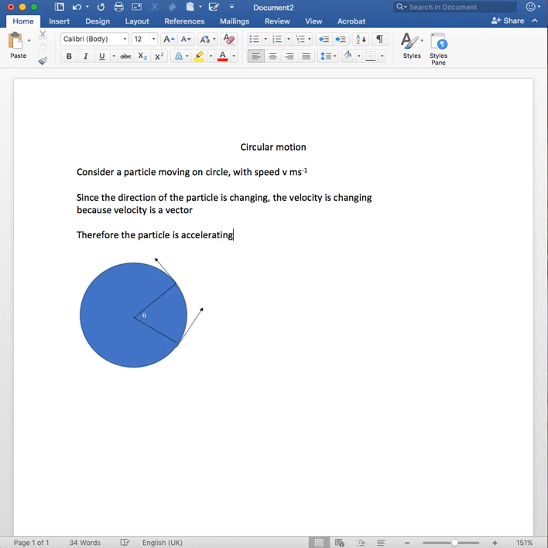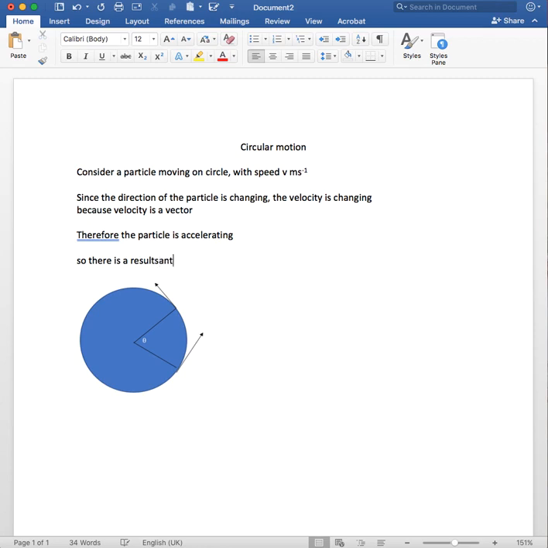There we go, my typing again. So there is a resultant force. Okay, so there's your recap of GCSE, really.